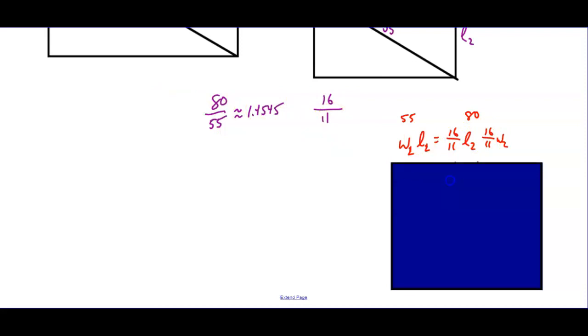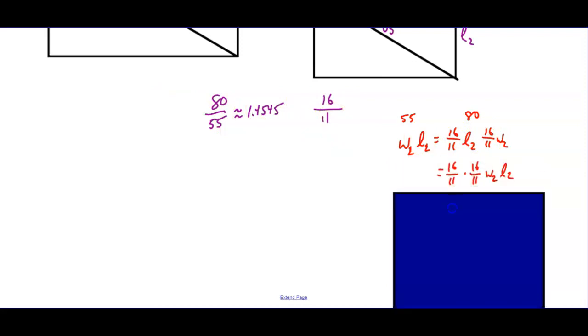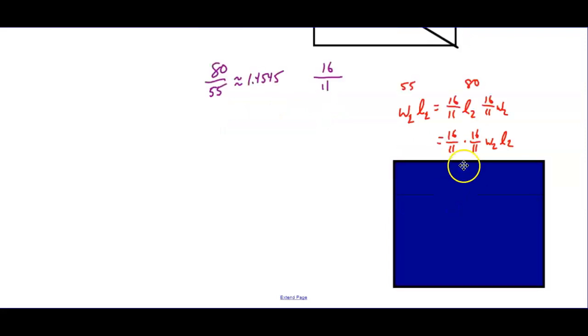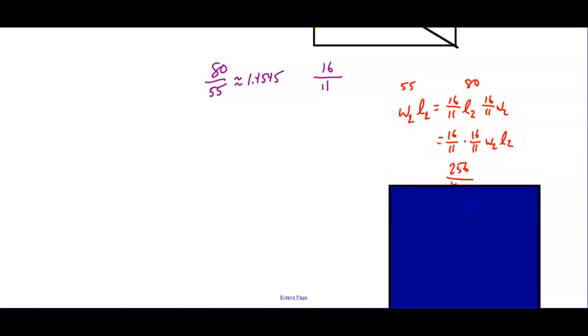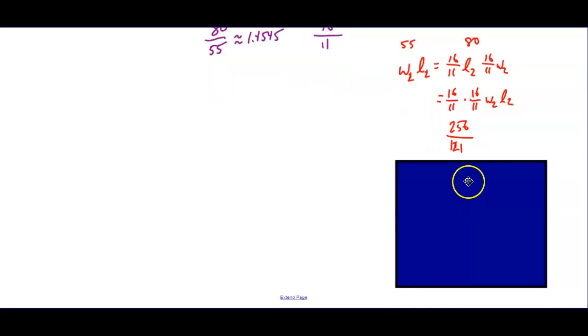So now going to solve this, what I want to see is, do I have a final scale factor that is double? Well, on the 80-inch TV, I have a width 2 and a length 2, just like I do on the 55-inch TV. So if I take the 16/11ths times the other 16/11ths, what I get is 256 over 121.